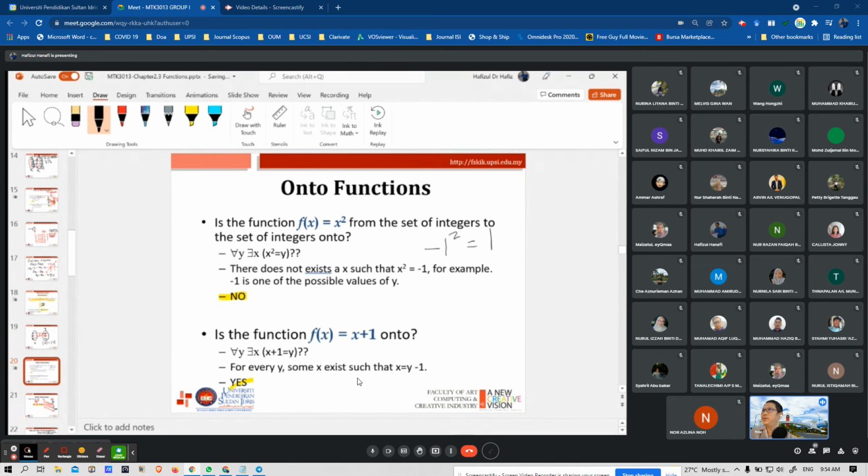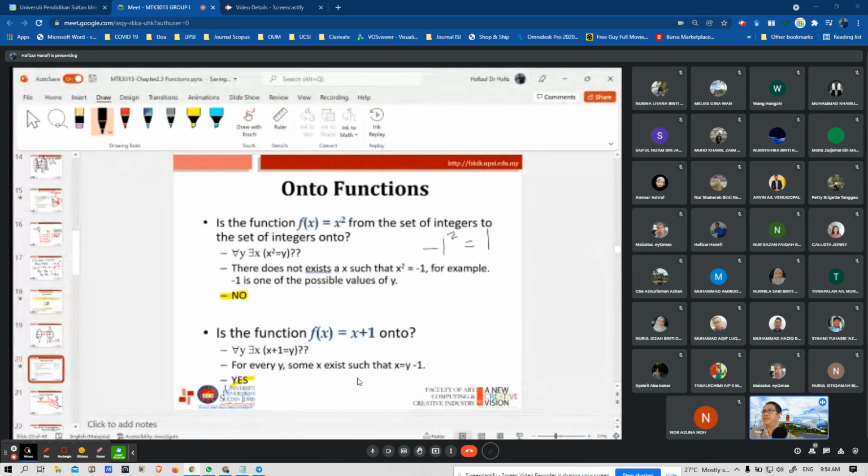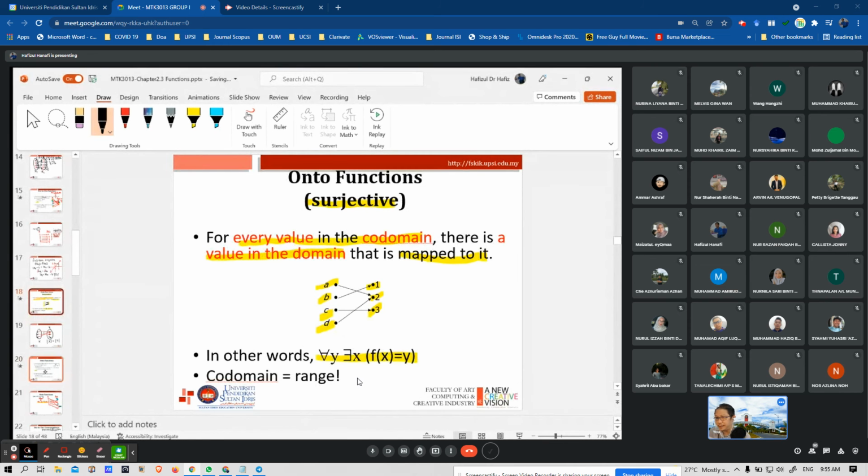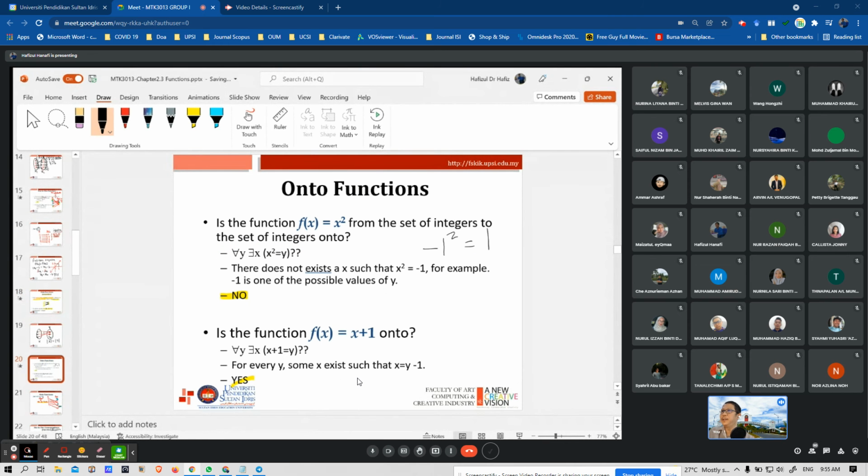And then onto function: is the function f(x) = x^2 from the set of integers to the set of integers onto? Onto function is surjective. For example, here, for all y there exists some x such that x^2 = y.